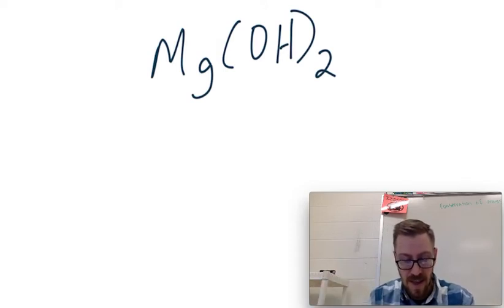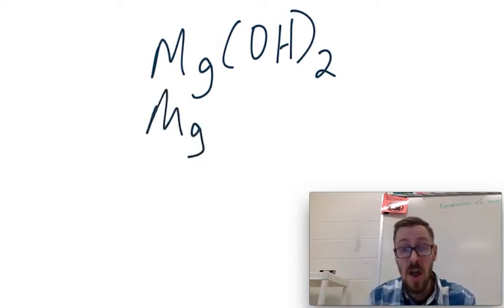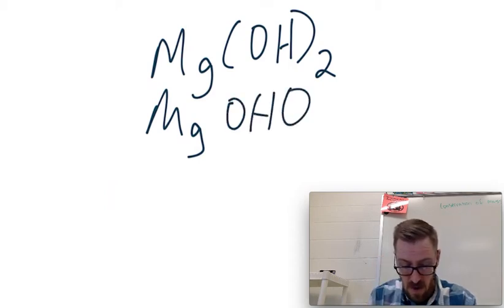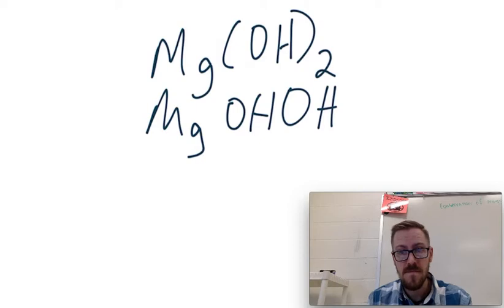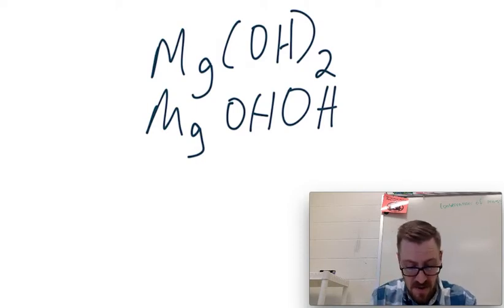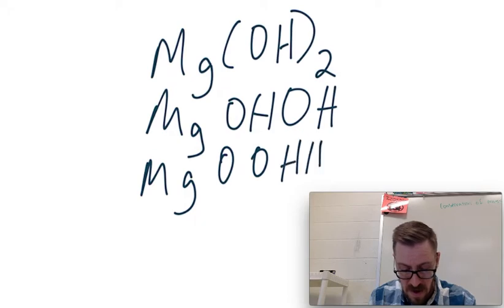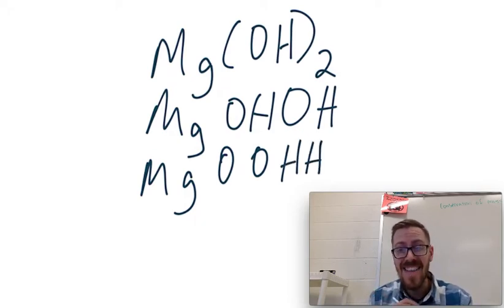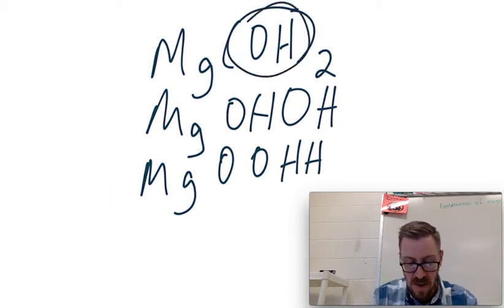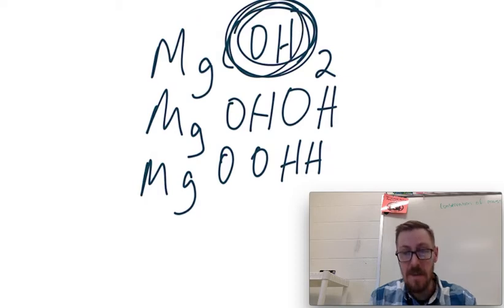So you write Mg and then OH twice. Now, what I see a lot of students do is MgOOHH. You can do that. That is not wrong. I like to keep it OHOH because then you can easily see this whole unit here, what's in the parentheses, copied twice. You can easily see that you have it right.